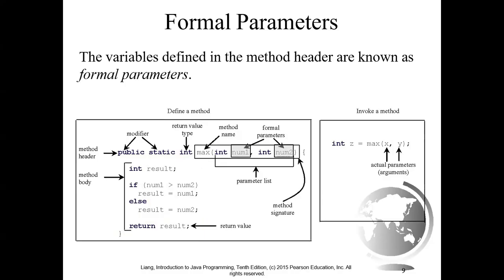Well, you have to distinguish these. Let me change the color. These are formal parameters. However, when the code is actually doing something, the formal parameters will be replaced by the actual parameters. Because the method is a template, which is using something concrete to execute this method.